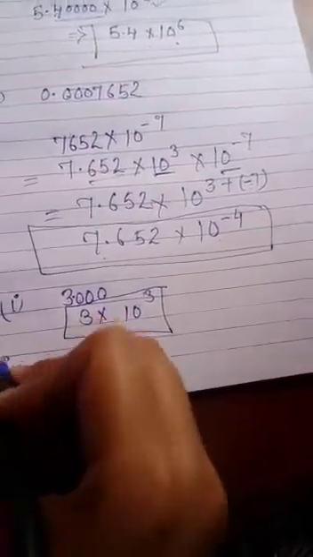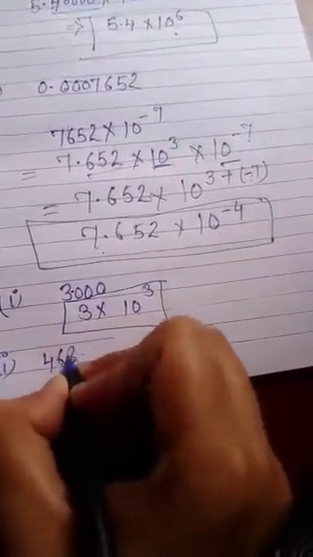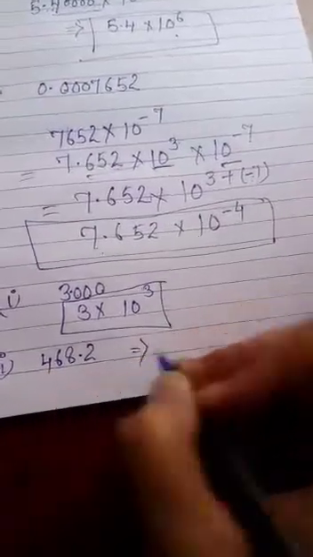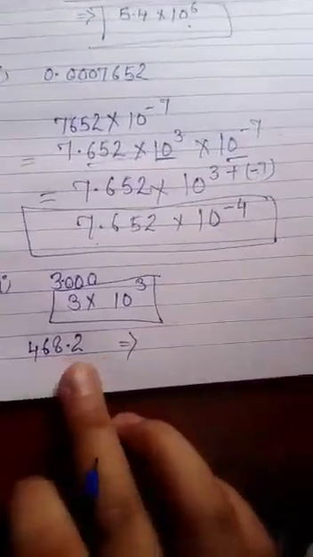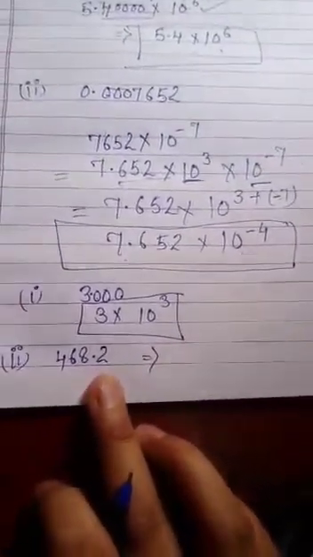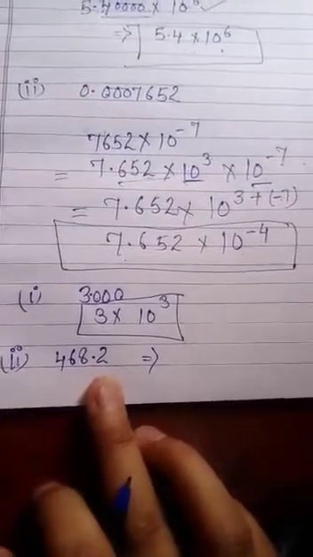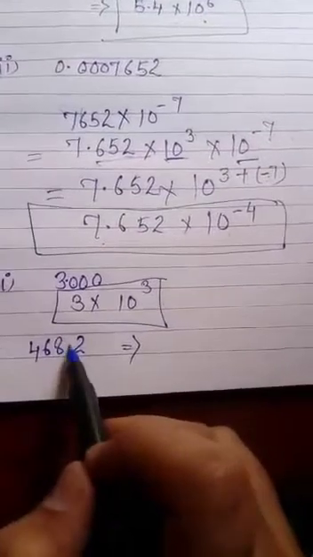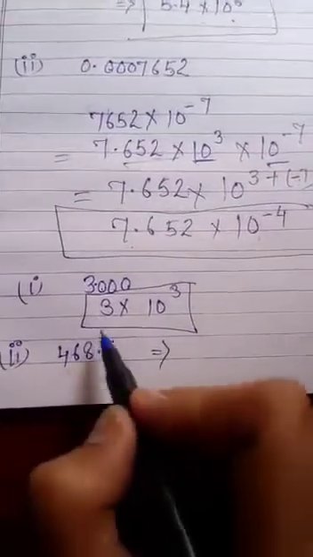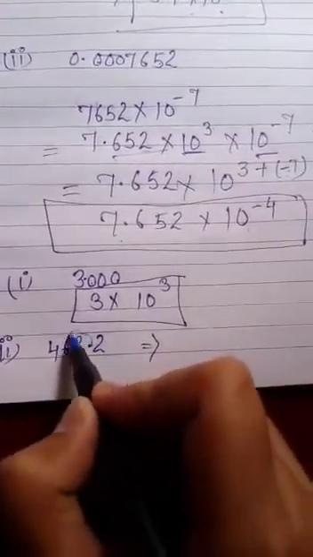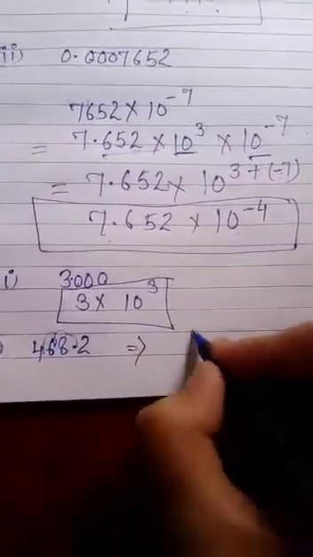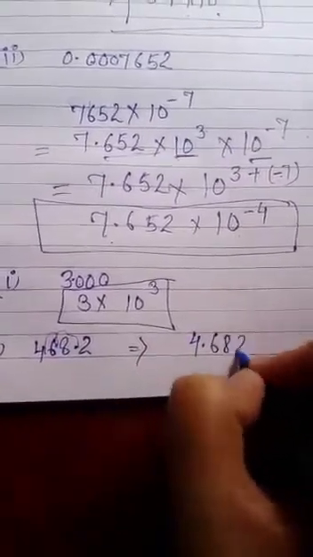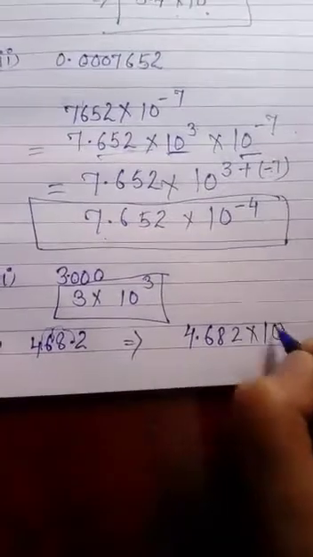So second question, it is given here 468.2, that is also greater than 1. See, we have to move the decimal to the left side. See, it is 1, it is 2, so 4.682 multiply 10 raised to power.